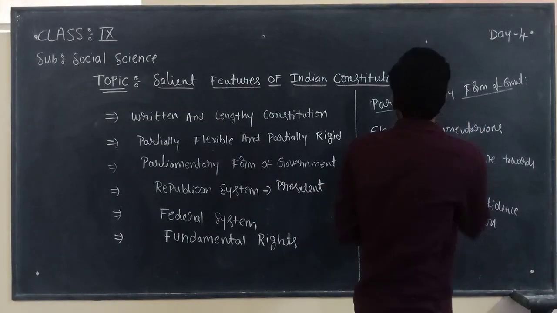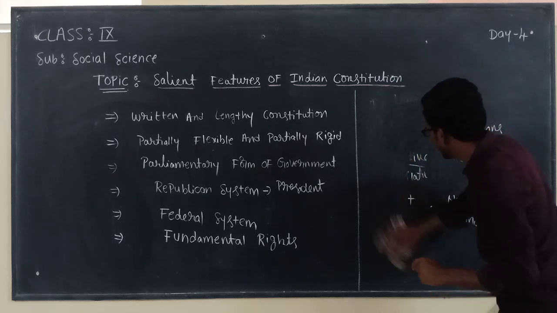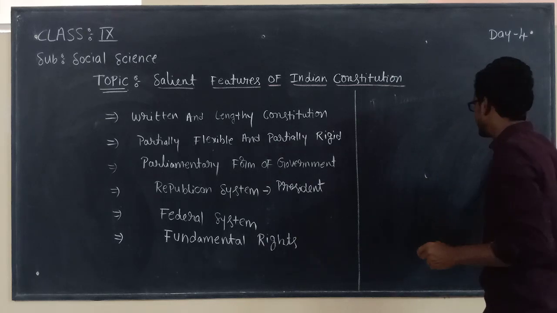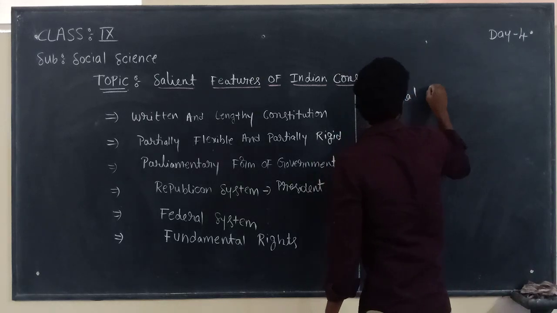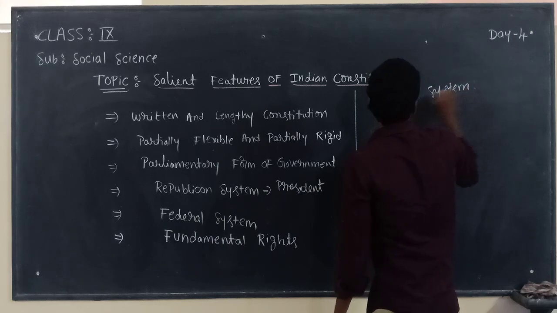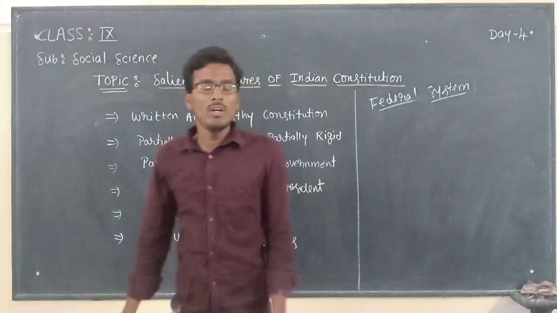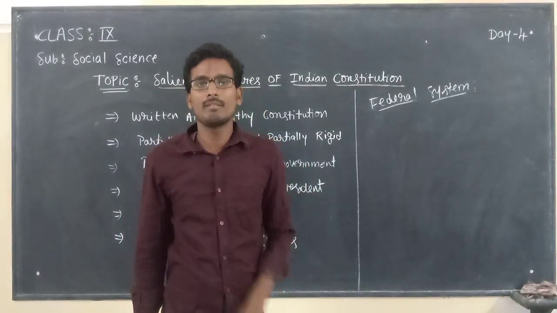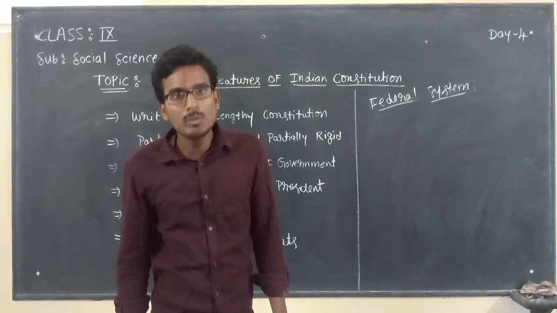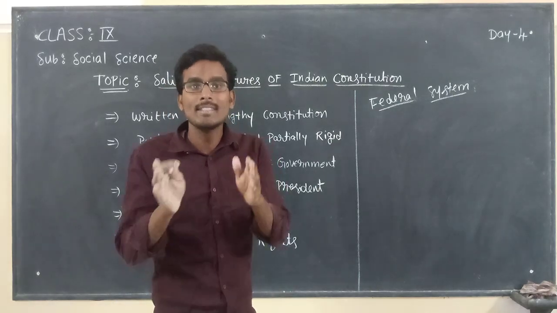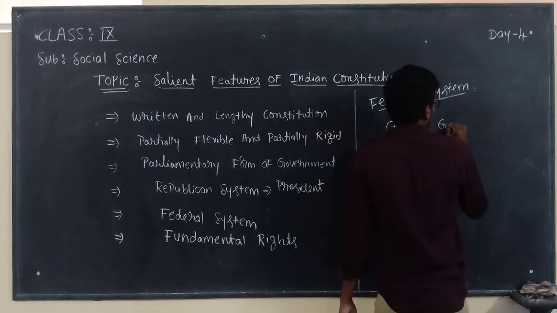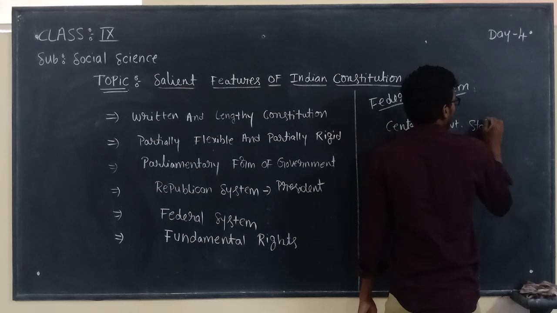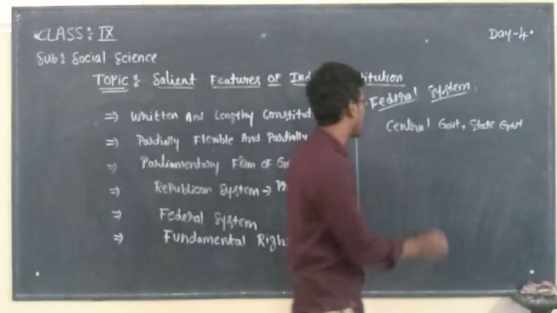Our government is a federal system. So what is federal here? Federal means both two. In a federal form of government, the administrative responsibilities are shared by the central government and the state government, and some responsibilities are concurrent.